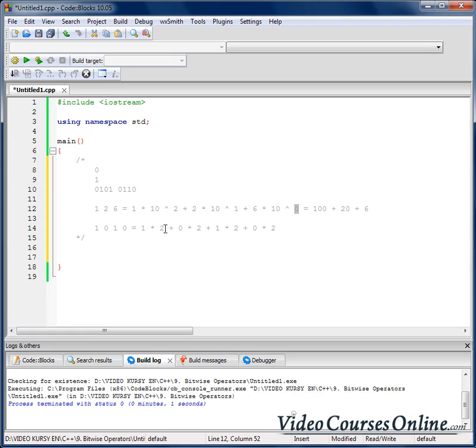Okay, so here is how it should be: 1 multiplied by 2 raised to the power of 3, 0 multiplied by 2 to the power of 2, 1 multiplied by 2 raised to the power of 1, 0 multiplied by 2 raised to the power of 0.